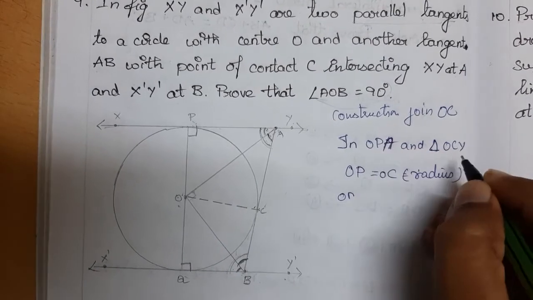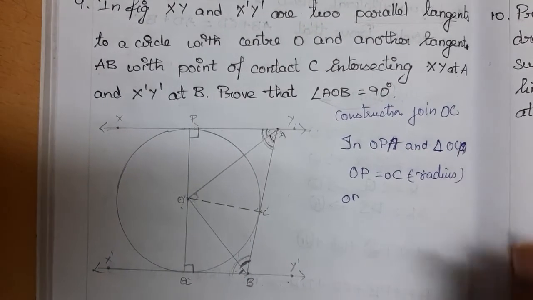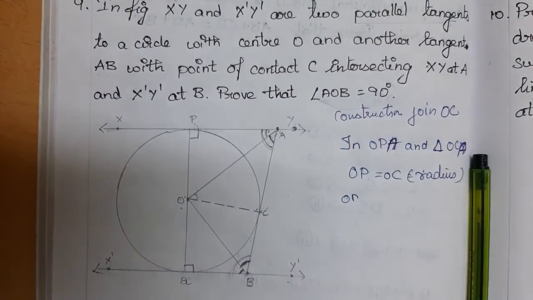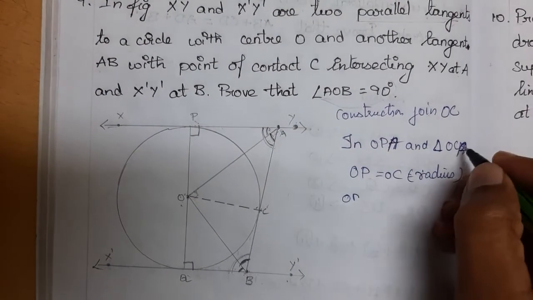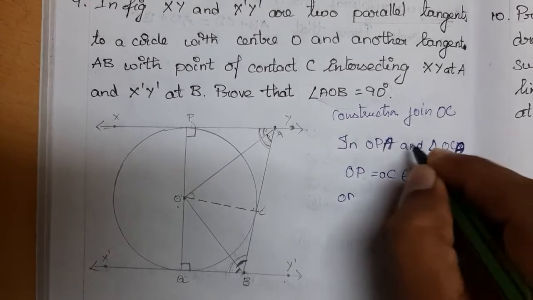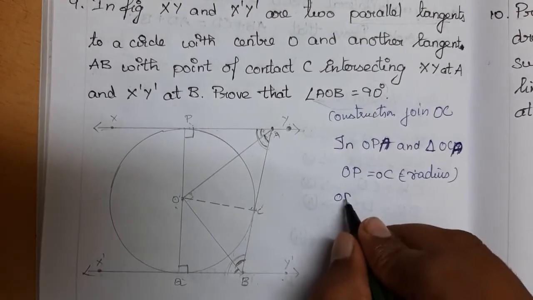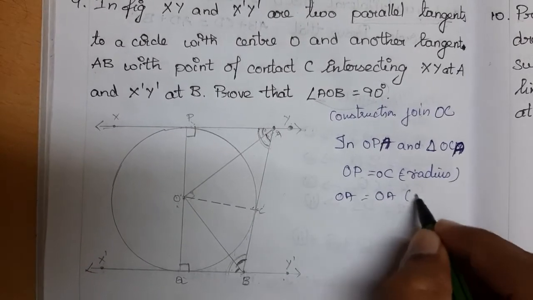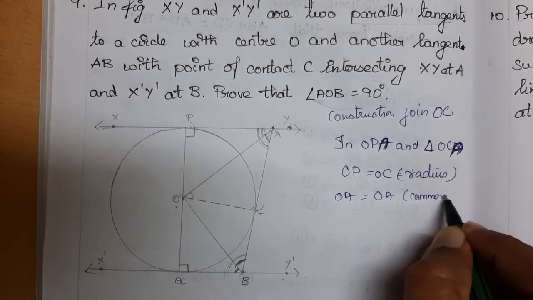Change it to A. I wanted to write this point as Y and this point as A, so it was a little confusing. Okay. So now OA, we have OA here also, since it is common to both the triangles.